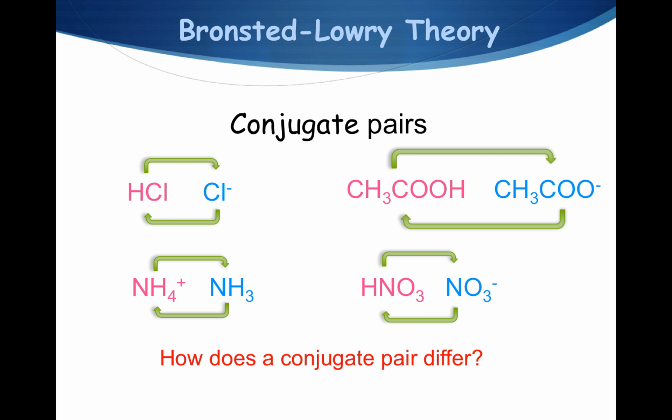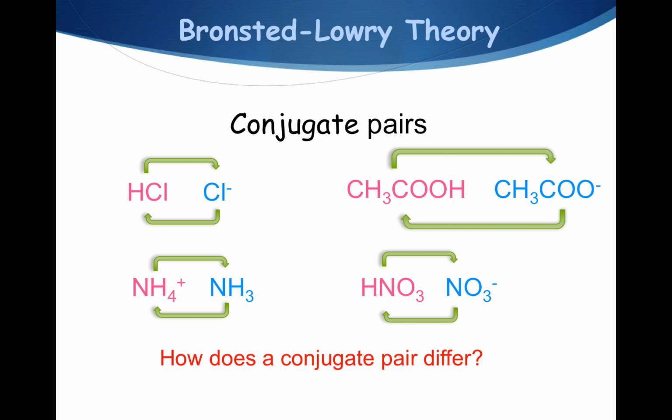Well, how does a conjugate acid-base pair differ? HCl and Cl negative, don't they differ by one hydrogen ion? Acetic acid and the acetate ion, they also differ by only one hydrogen ion.